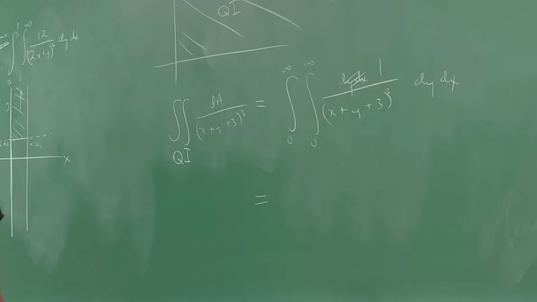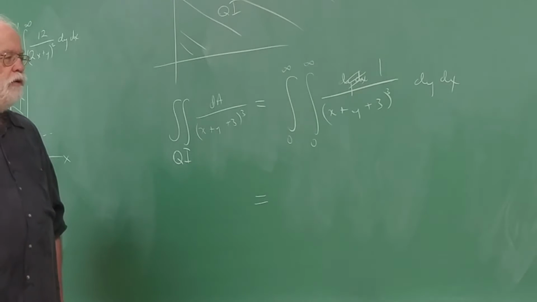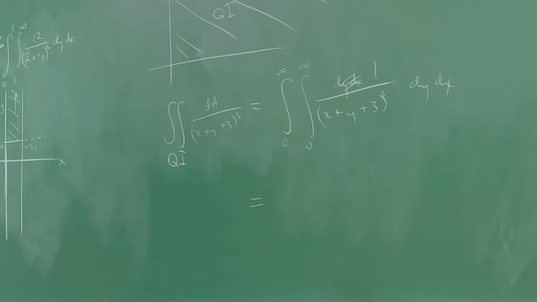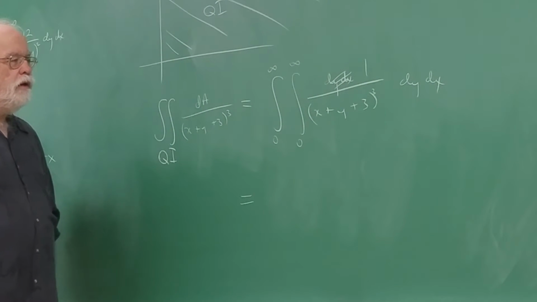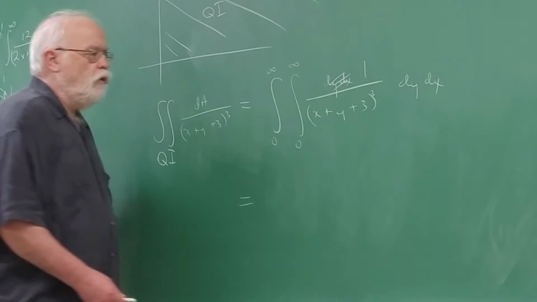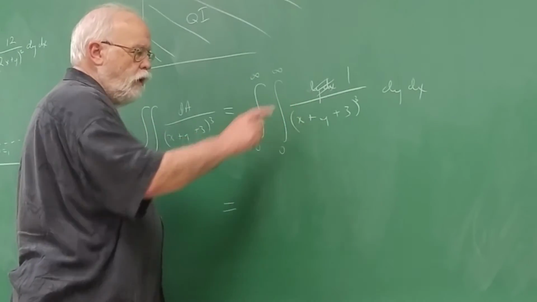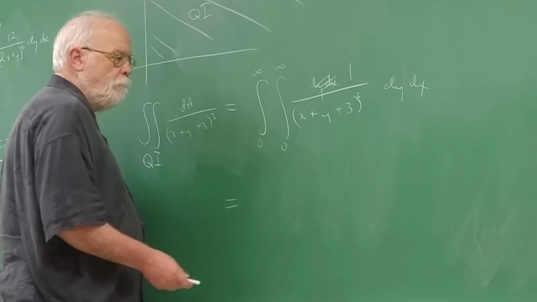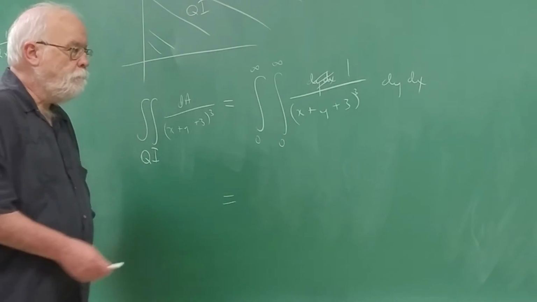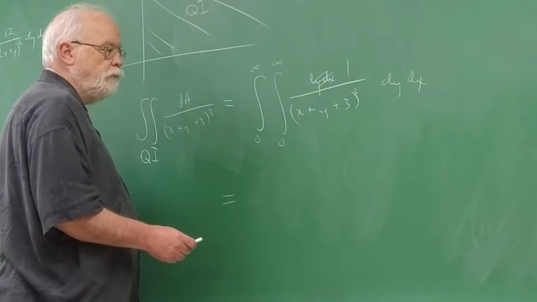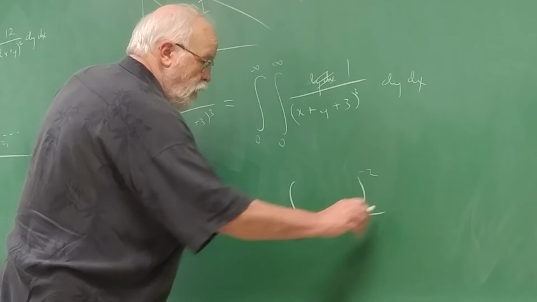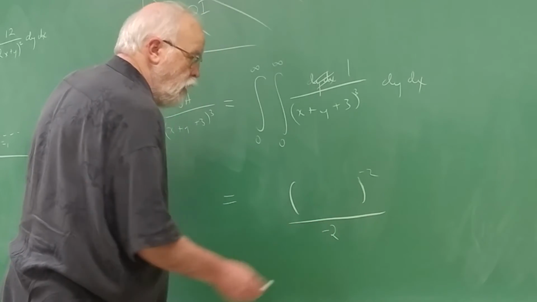Do I need to make a substitution? Do I need to do a u-du thing? No, because I've got my trick. So, what do I get when I integrate this minus 3 power? Minus 2 power, yeah. And I have to divide by minus 2.